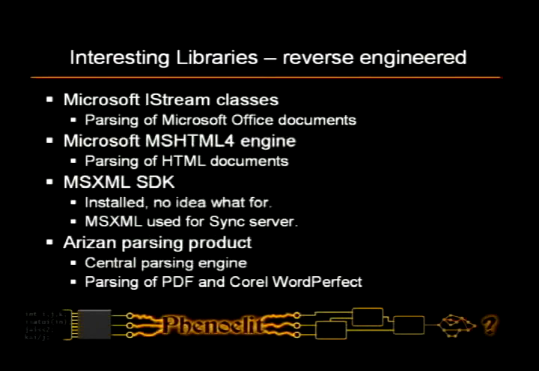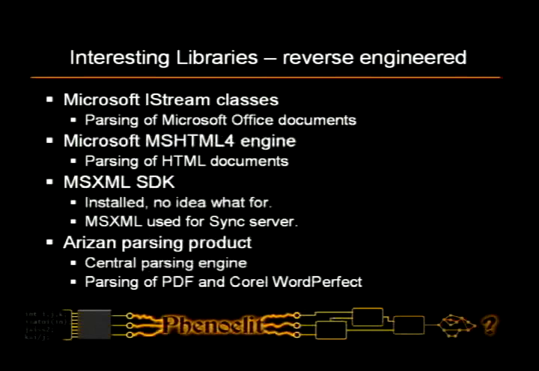So if you have a vulnerability in parsing based on Office, then that might work. For HTML, they use MSHTML4. There's the MS XML SDK installed. Apparently, according to Ian, it's for the sync server, but nobody knows why the entire SDK is really installed, so you get SDK documentation on a desktop.